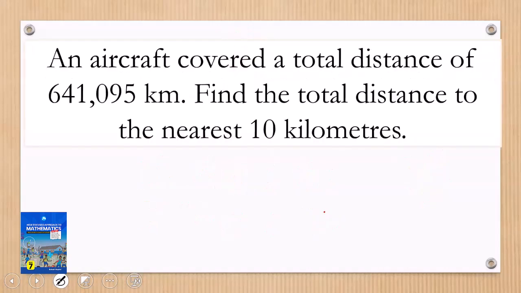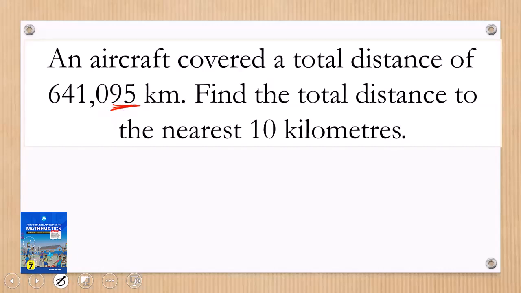Okay, let's take another one to the nearest 10. An aircraft covered a total distance of 641,095 kilometers. We want to find the total distance to the nearest 10 kilometers. Again, our tens digit remains here. You have to be very careful with this one.